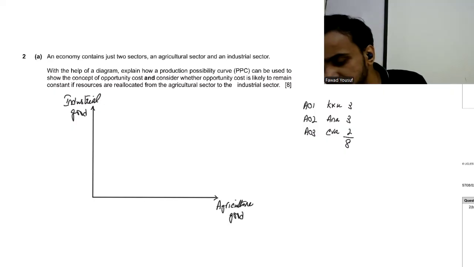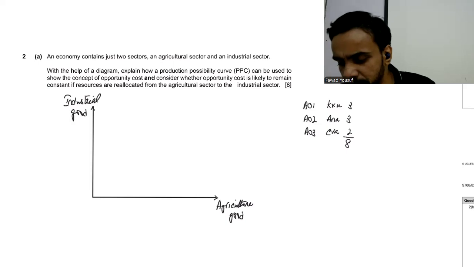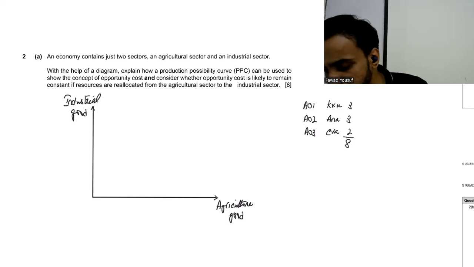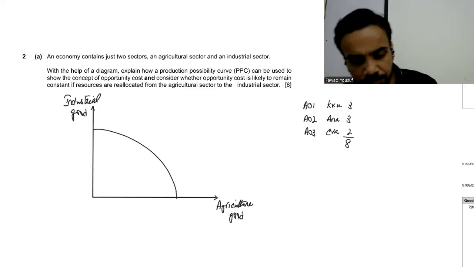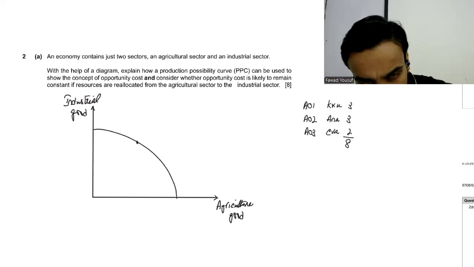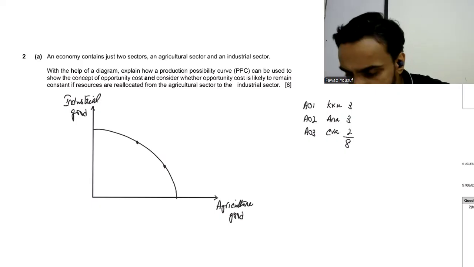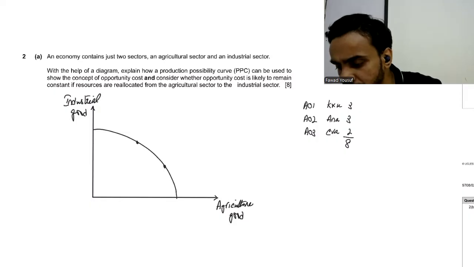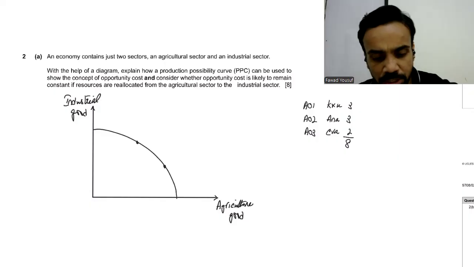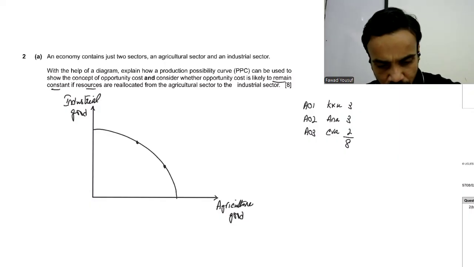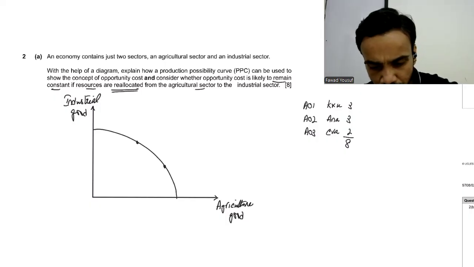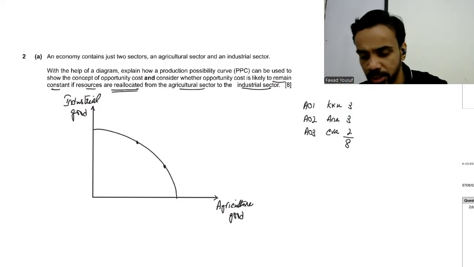So अब आपकी मर्जी है, honestly, in this one, whether you want to make a straight one or you want to make a curve one. We always prefer this, and there has to be two marks, and the direction of that mark really matters. कि तुम, because they're saying over here remains constant if resources are reallocated from agriculture to industrial.